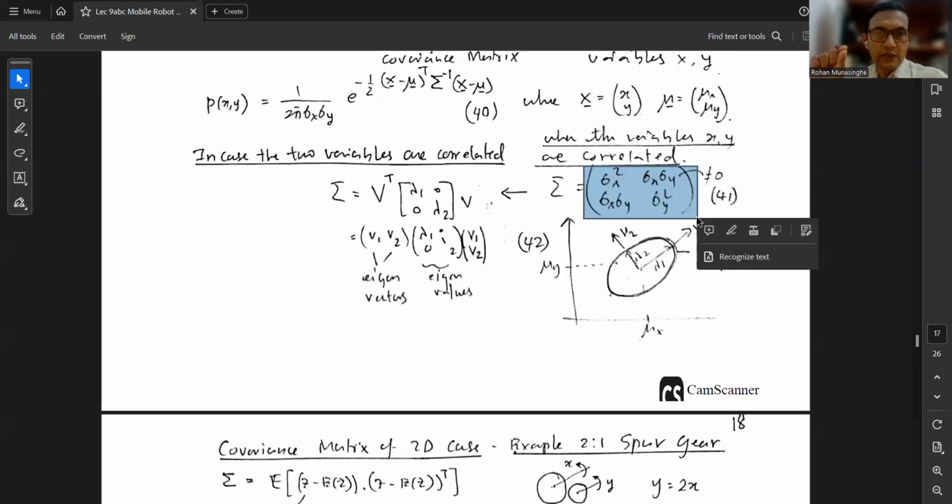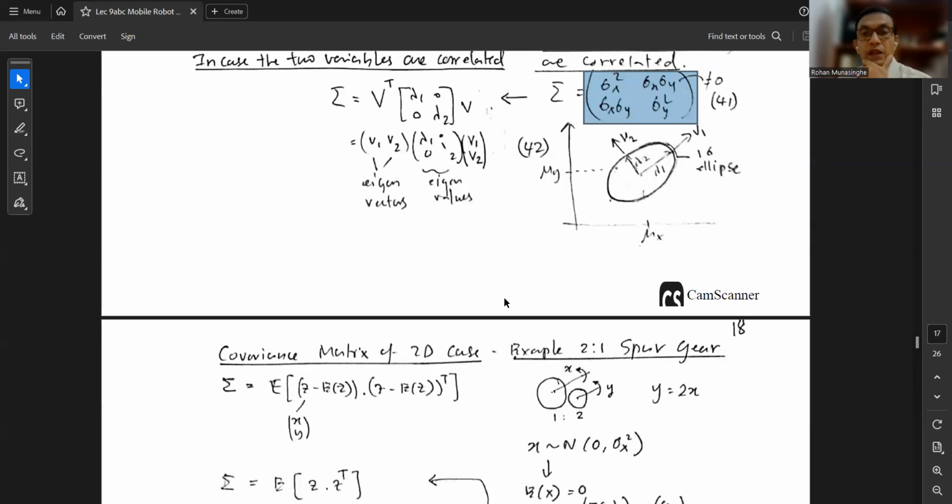So each eigenvalue has an eigenvector. So lambda 1 has V1, lambda 2 has V2. So this V can be written like this: V1, V2 are the two eigenvectors, and here also V1, V2, and this is the main diagonal, lambda 1, this is lambda 2. Okay, sorry about that.